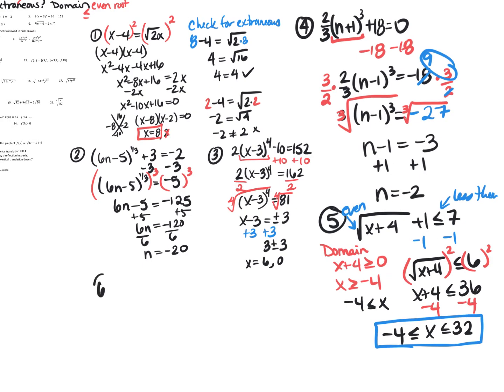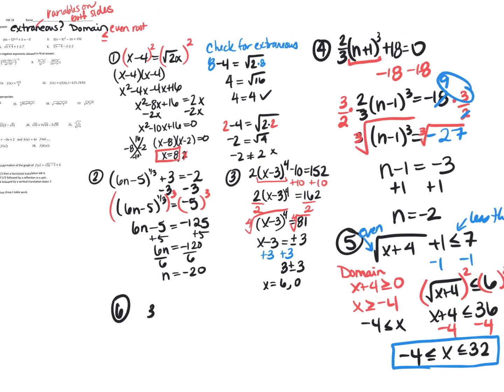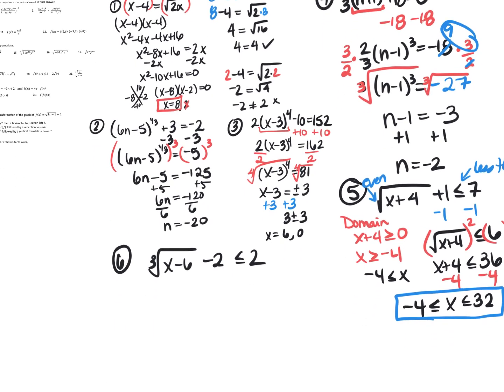And lastly, number 6 in that set is the cube root of x minus 6, minus 2, less than or equal to 2. Now an odd radical is allowed to be negative, so I don't have to worry about the domain restriction. It can be any negative or positive number. So I'm going to add 2 to both sides. Cube root of x minus 6 less than or equal to 4.